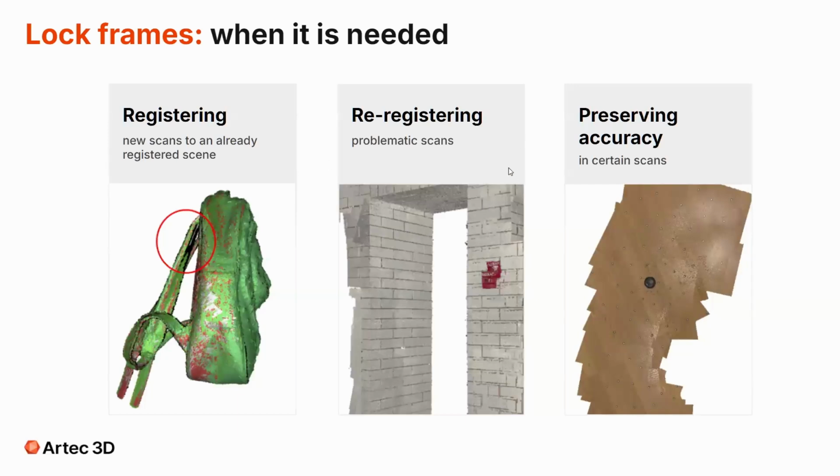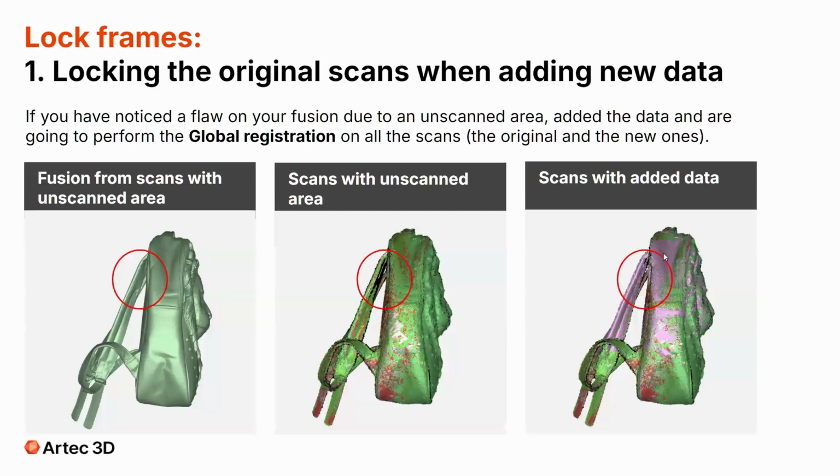Second, it is a lifesaver for re-registering problematic or feature-poor scans that tend to break or drift during standard processing. And third, it is used for preserving accuracy in critical scans that must remain untouched to serve as a reliable geometric anchor. We are going to walk through each of these use cases one by one to see how they work.